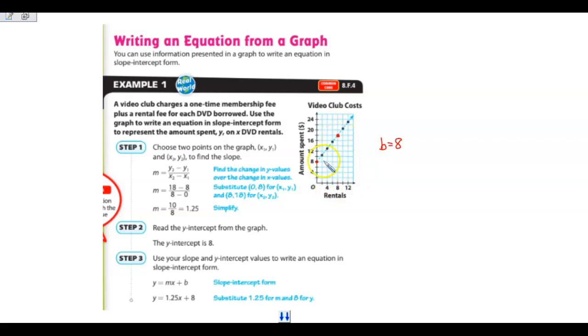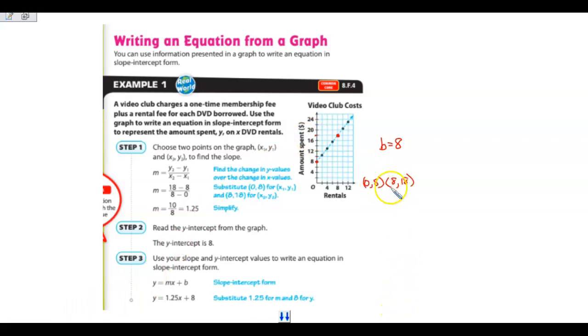And so this one will be at 0, 8. And my other one would be at 8, 18. I figured it's 18 because there's 4 points between 16 and 20, and so half of that would be 2. 16 plus 2 is 18.